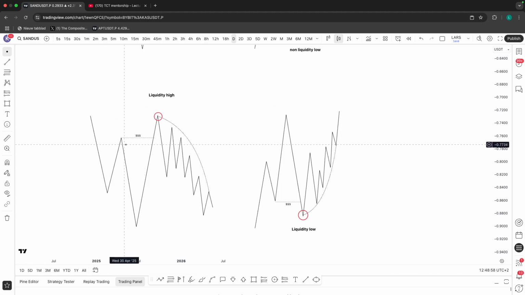So right here, we can see that this high right there sweeps the liquidity of the previous high, and initially speaking, this high is therefore not a liquidity target because it grabbed the liquidity of the previous swing point. However, afterwards, price retraced back, mitigated all that was left to mitigate in there, and created highs nearby that high.